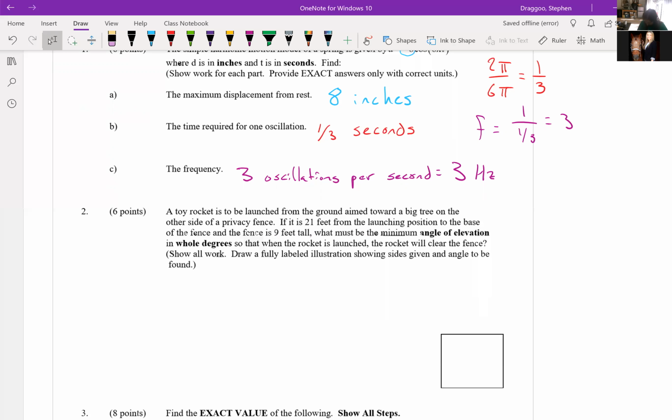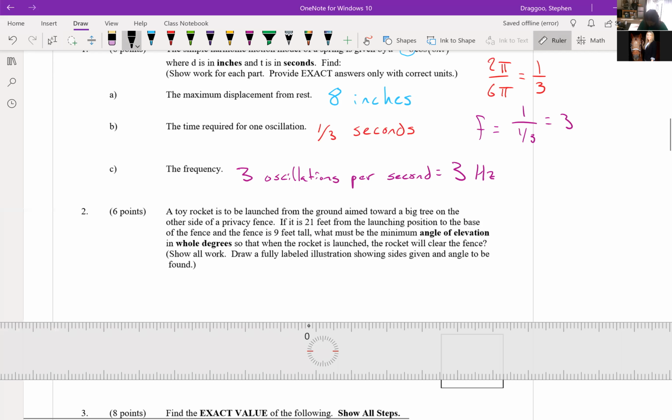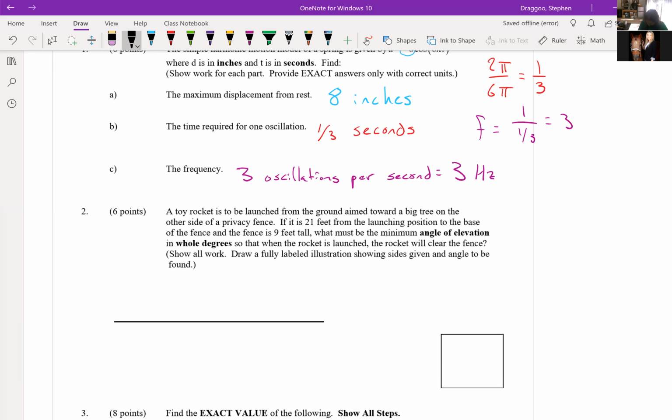So here's where we should draw ourselves a fancy diagram. I'll give myself a ground. Somewhere in the back, we've got a tree, right?